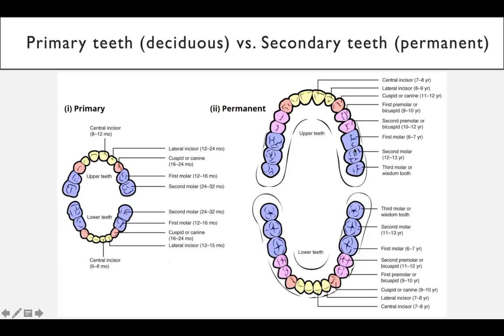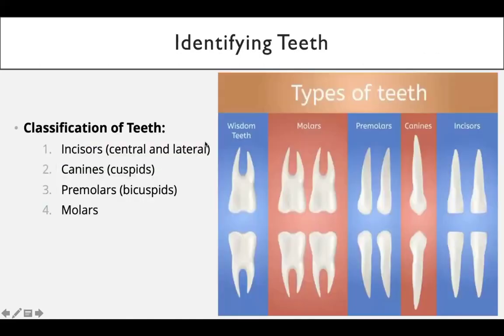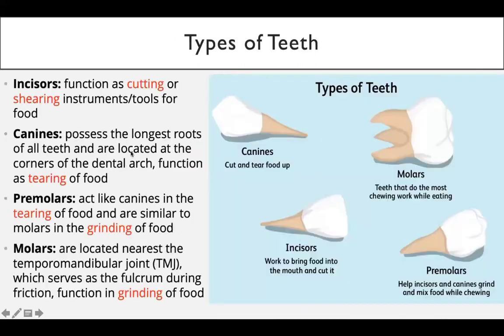So at least we should have some molars. So this first molar comes with the central incisors. So, identifying the types of teeth: incisors, central or lateral, canines or cuspids, premolars or bicuspids, and molars straight across, and then wisdom teeth at the end.